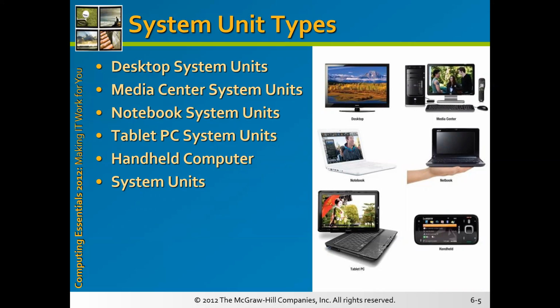We also have netbook system units, like notebooks, but less powerful and less expensive. Tablet PC system units support the use of a stylus or pen to input commands and data. Convertible tablet PC and slate tablet PC are the 2 types of tablet PCs.